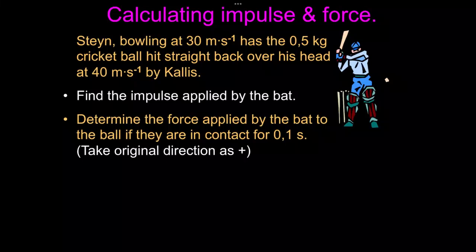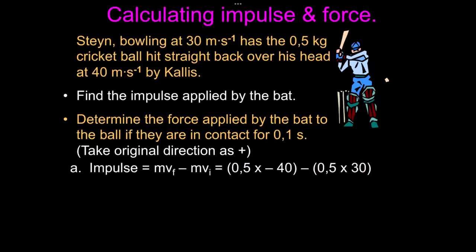So let me show you how we can answer the first question. We know fully well that the impulse is equal to the final momentum minus the initial momentum, which is just mv final minus mv initial. The mass of the object is 0.5 kg, and the final velocity is 40 meters per second in the opposite direction, so that is going to have a minus sign.